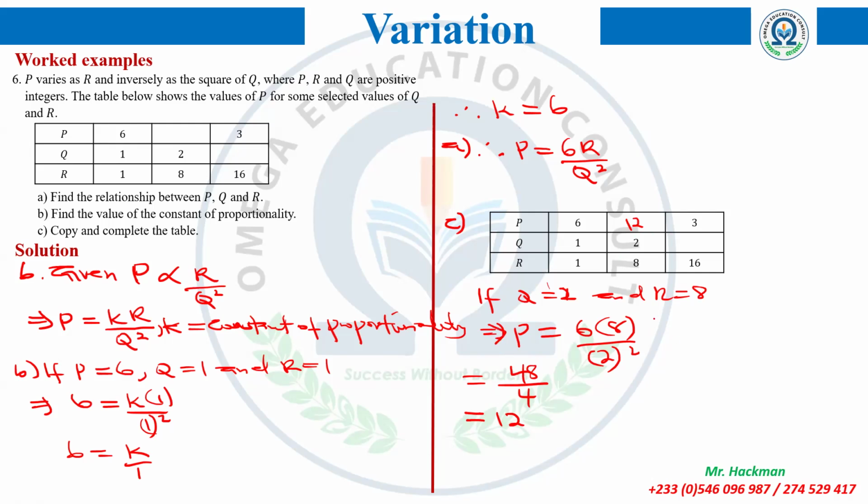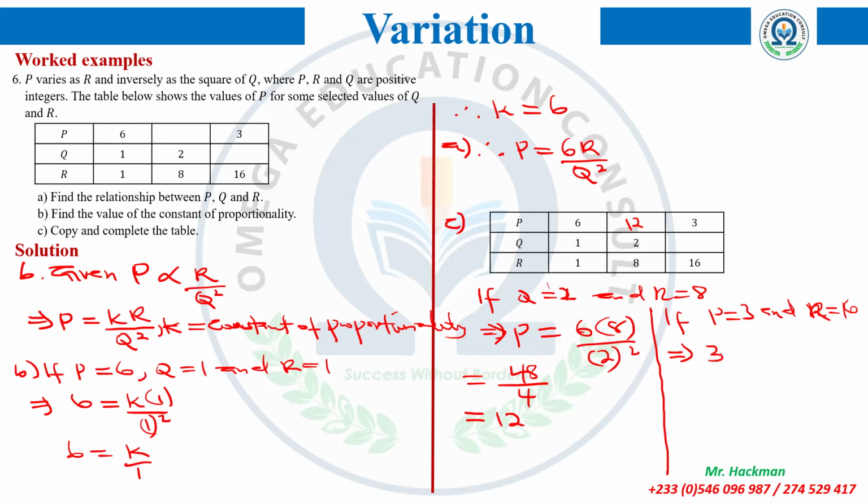So assuming this is my next page, I'll write: if P is equal to 3 and R is equal to 16, I need to find my Q. So this implies that, remember I said, it's better you substitute and then do change of subject rather than change your subject before substitution.